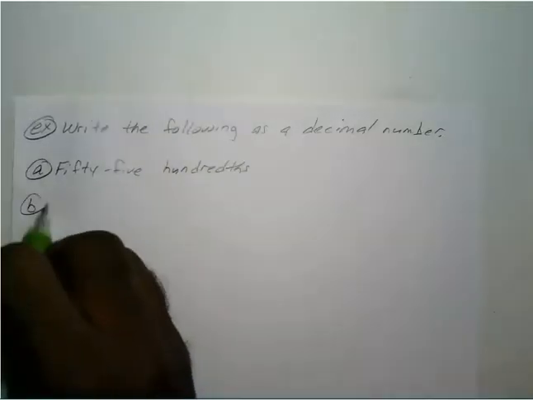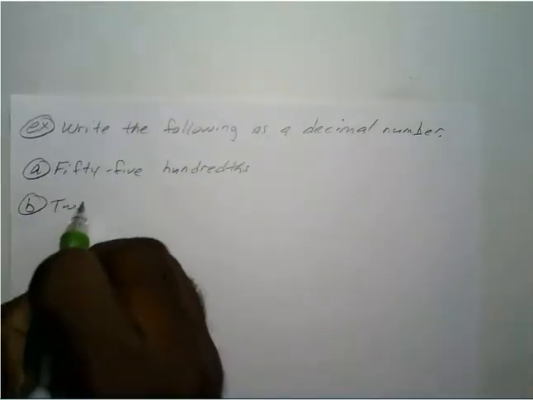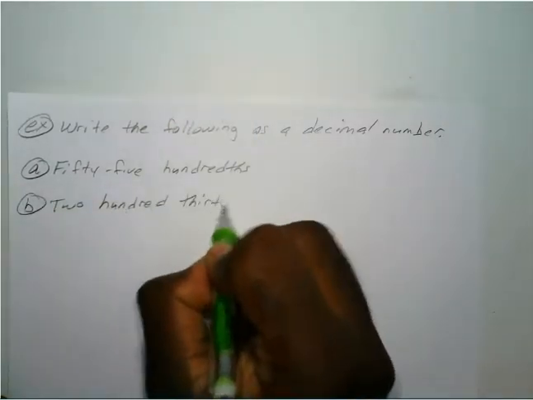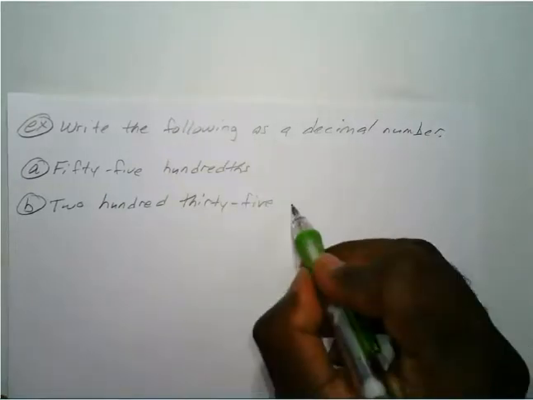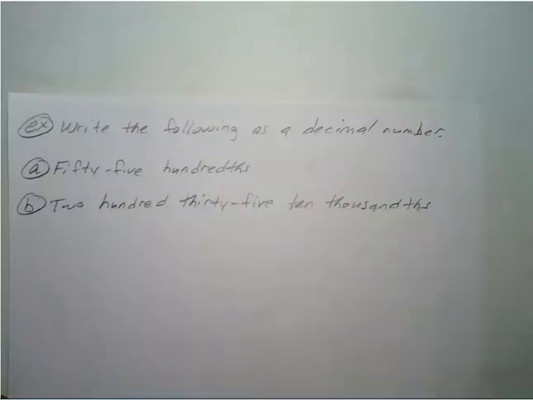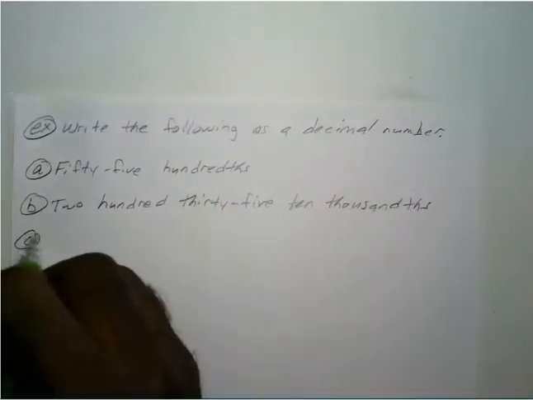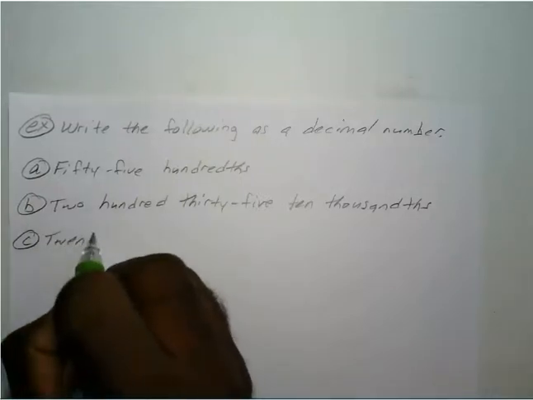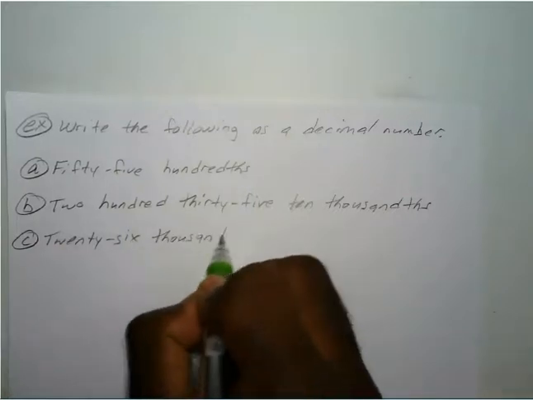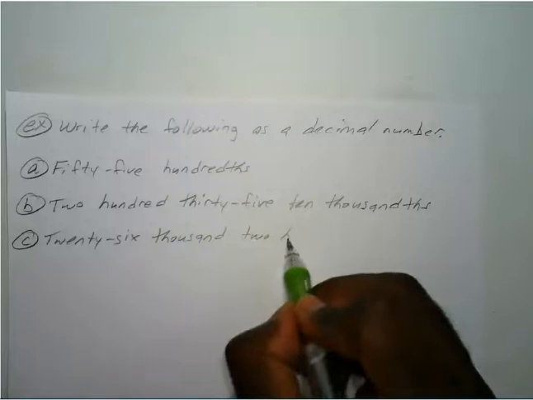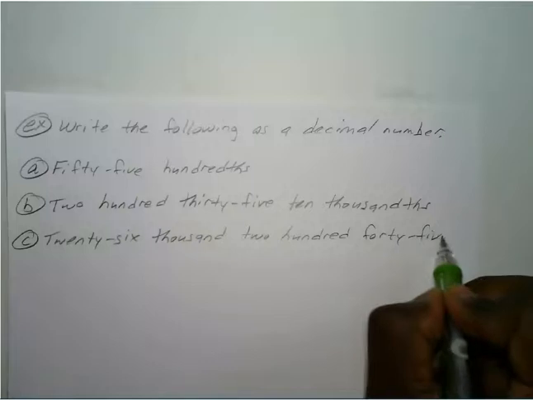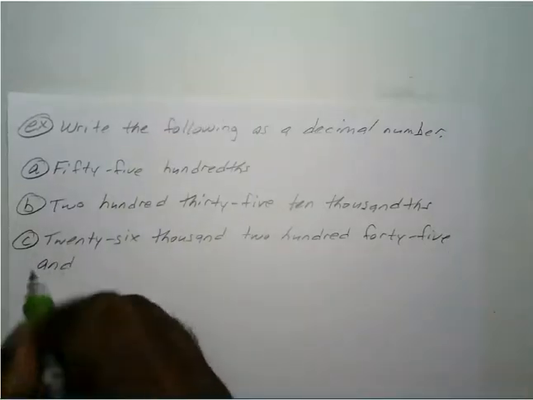Say for problem B, 235 10,000ths. Problem C, 26,245 and 16 hundredths.